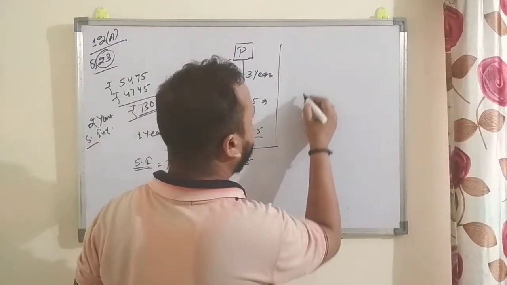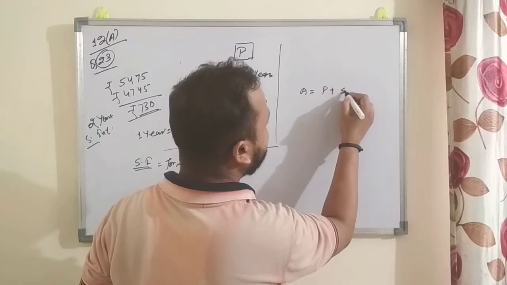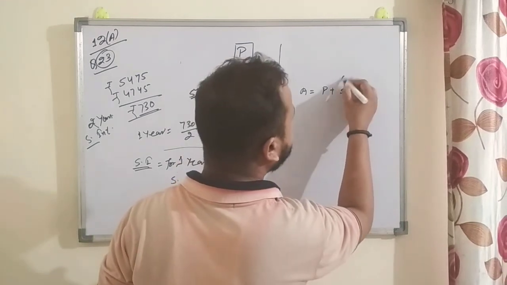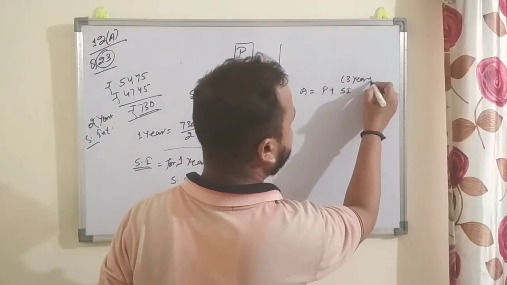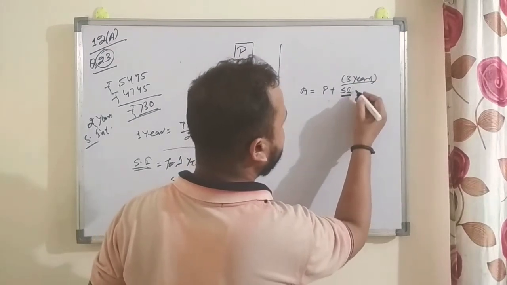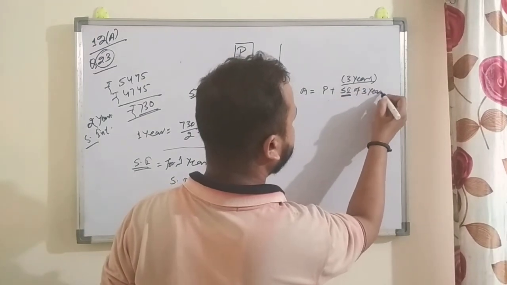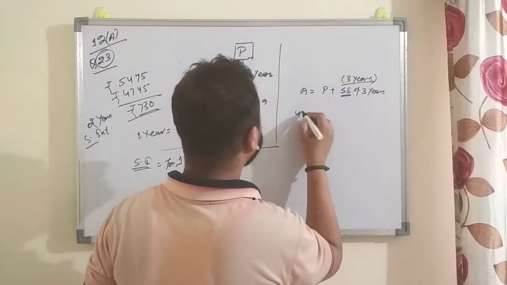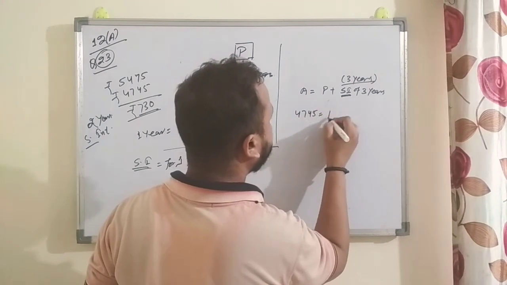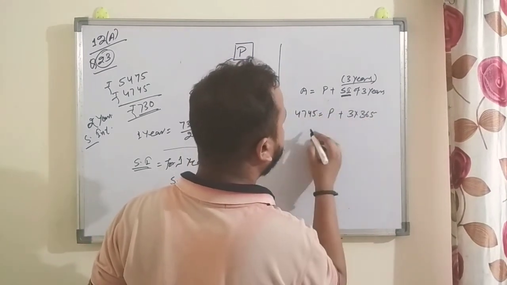So you know that amount is equal to principal plus simple interest, and here we are talking about the 3 years case. So here there is 3 years of simple interest. So the amount is given as 4745, principal is P, and 3 years interest is 3 into 365.